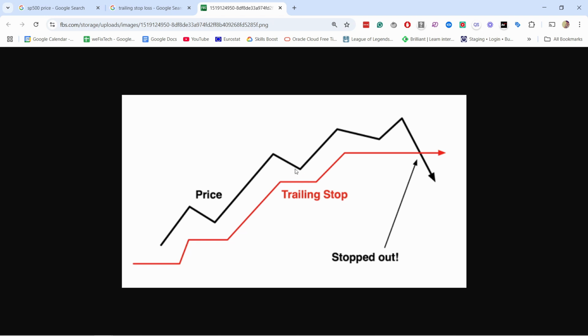It just stays on that level until it gets triggered. And in this case, for example, it went up here, and then the stock price started going down, and that's where the stop loss gets triggered. The benefit is that if you just set a stop loss here, notice how much more money you're going to gain if you set a trailing stop loss, because it follows the latest peak in the price.